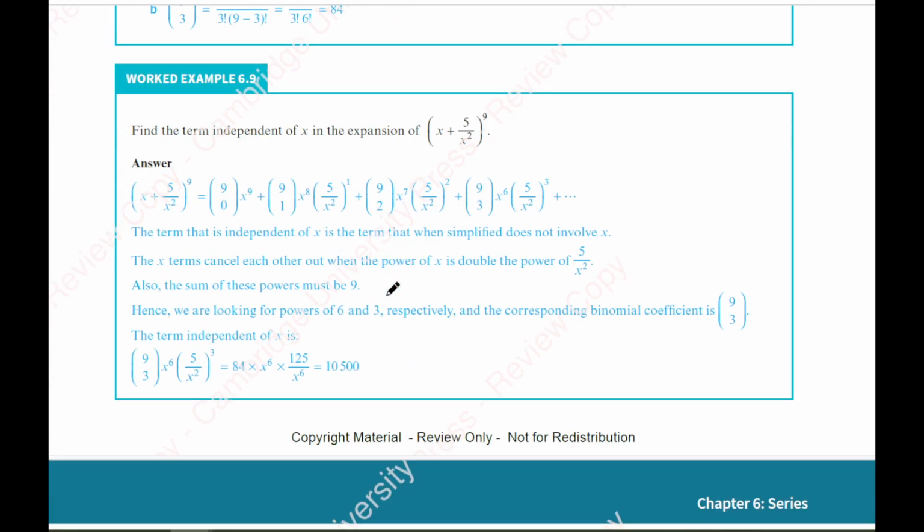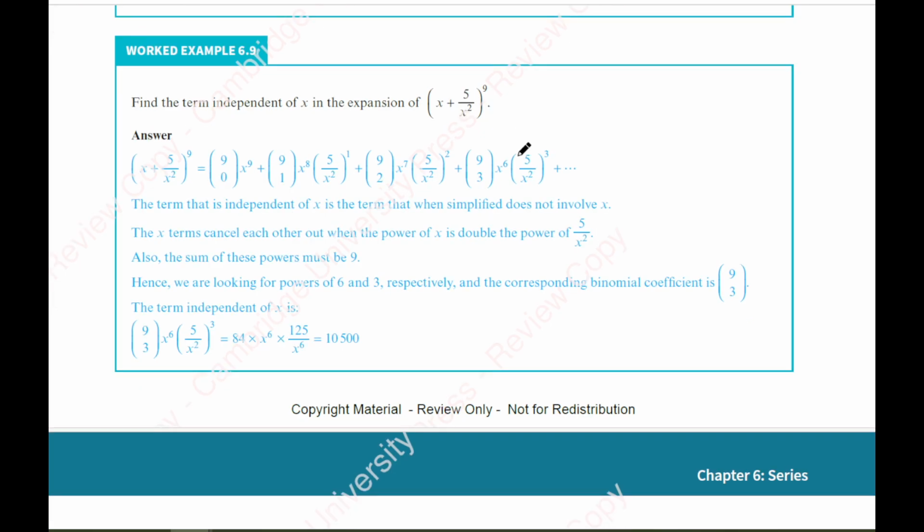But for example, find the term independent of x in the expansion of that. Here you need to understand which term becomes independent of x. We have x here and x here, and to find a term which is independent of x, we need to solve the problem when the x terms cancel each other.